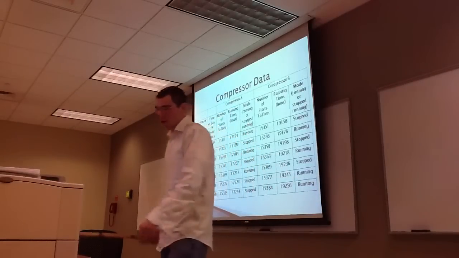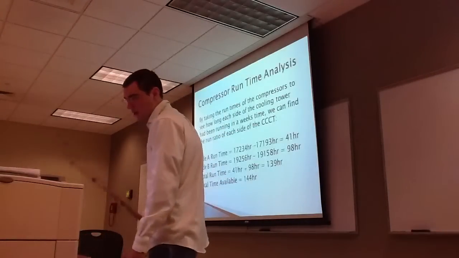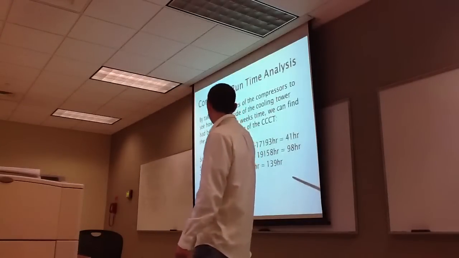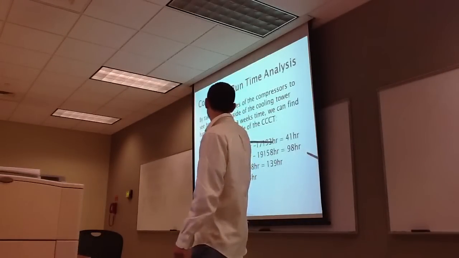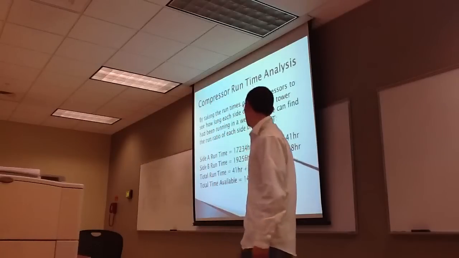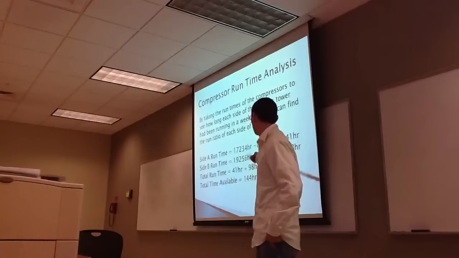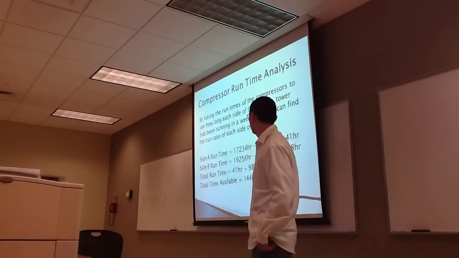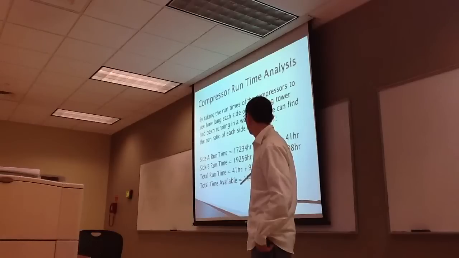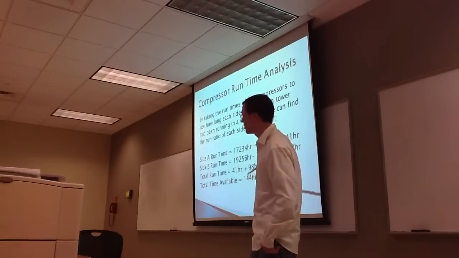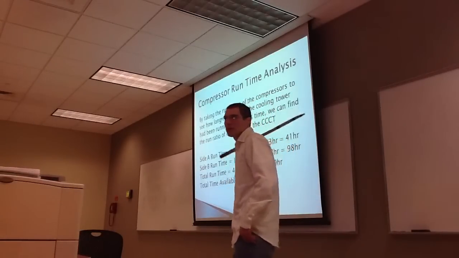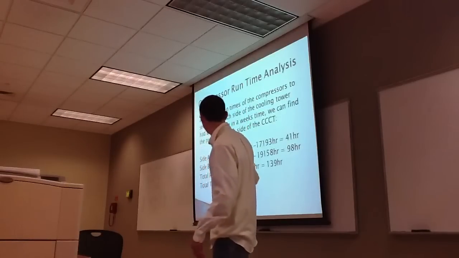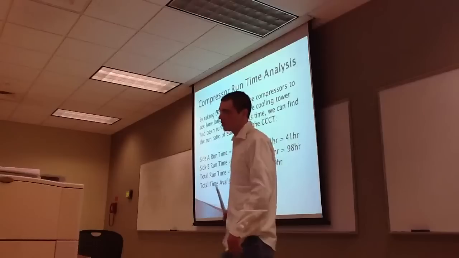Throughout the entire week, I found that side A was running this many hours per week, and side B was running 98 hours per week. Actually, it wasn't per week, it was per 6 days, because we didn't take it on Thursday the week before rotation. We ended on 1 day. So it was 104 hours.